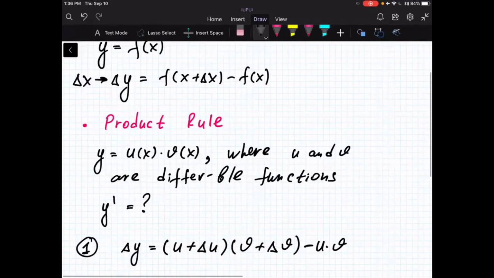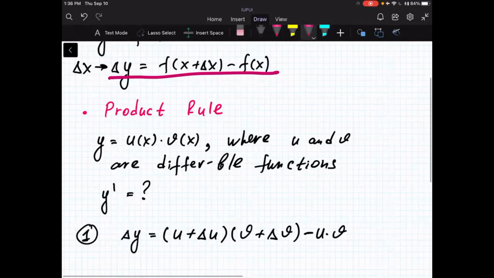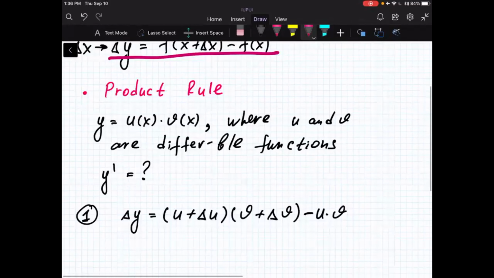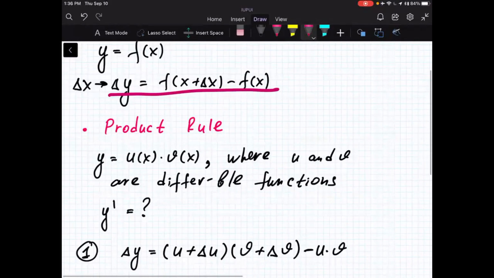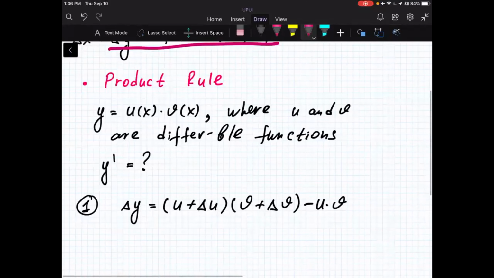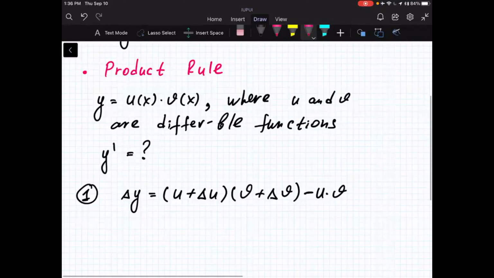Right? Again, if you compare this line with the one that I wrote, so you have function, then you evaluate at the new point x plus delta x, but this change in x happens in both functions u and v. So you get change in u and change in v, and that's what is written here.